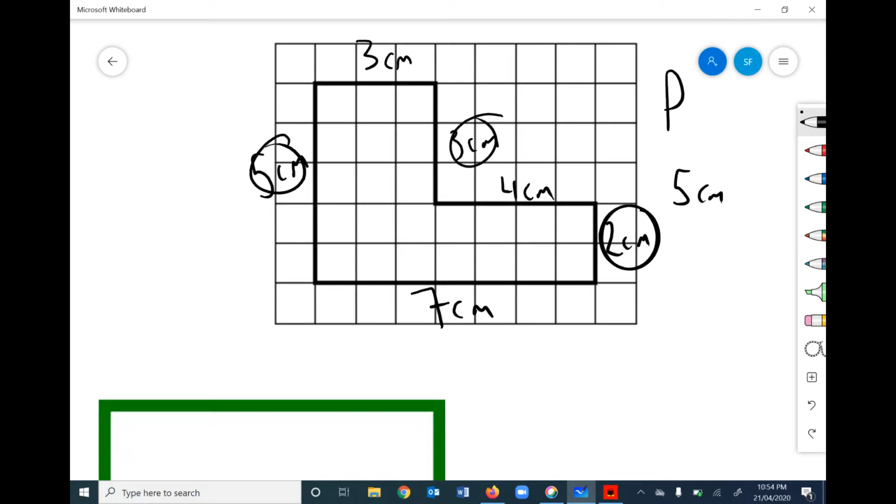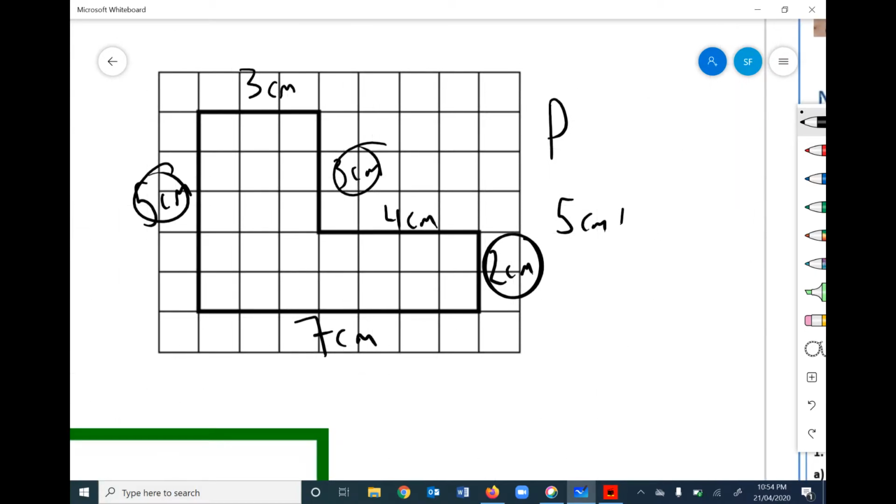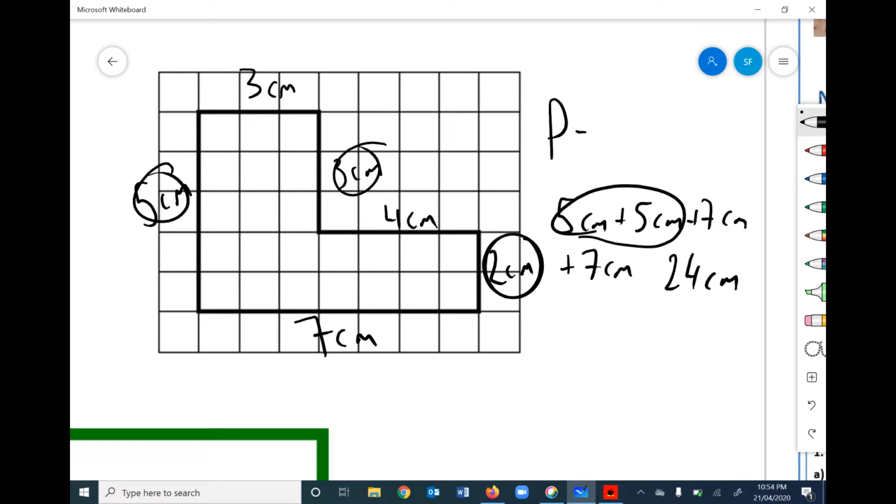Then I've got this 5 centimeters over here, so I add that one together. Then I've got 4 and 3, which is 7 centimeters. And then I've got the 7 centimeters again, so I'm going to add that one in together. Then I can add my 7 and 7, which gives me 14, plus the 10. As I put those together, that gives us 24 centimeters for the perimeter. So that's what we have with that one.